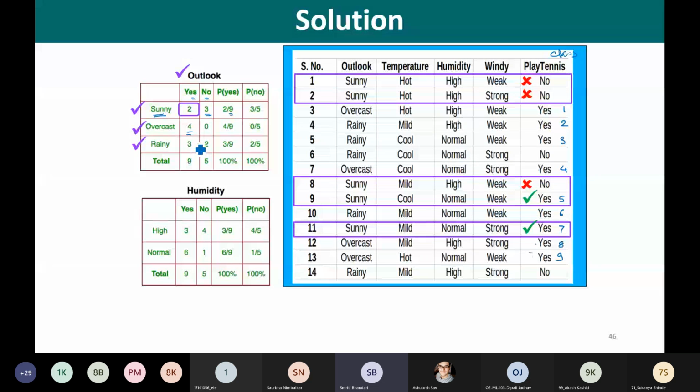So once again, the probability of yes for outlook equal to overcast is 4 divided by 9, and similarly the probability of no for outlook equal to overcast is 0 divided by 5. Similarly, we may compute for the outlook value rainy. So this is how we are computing the table for each attribute.